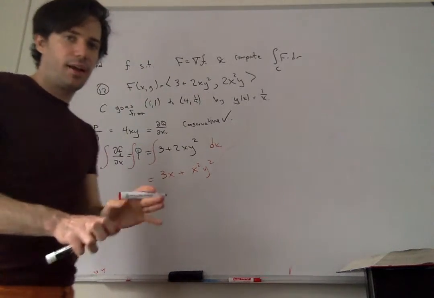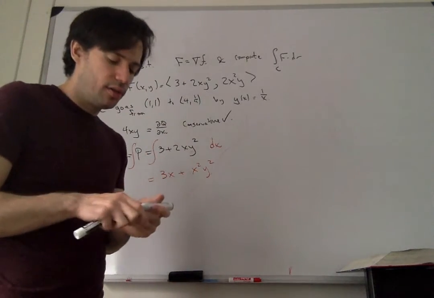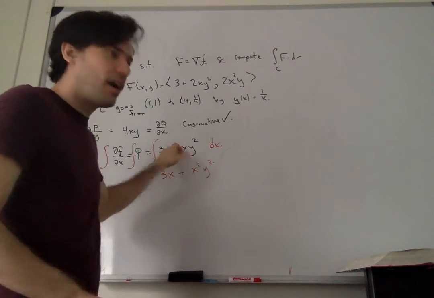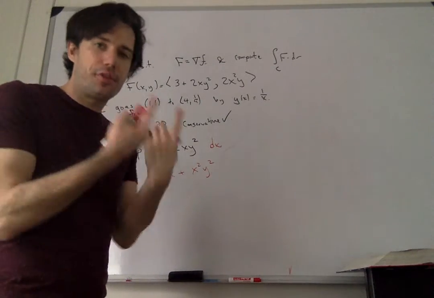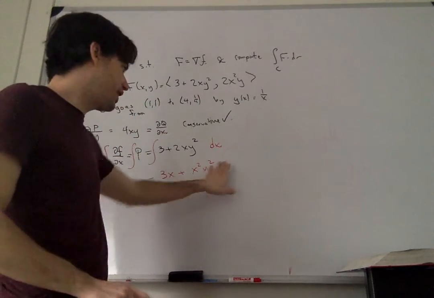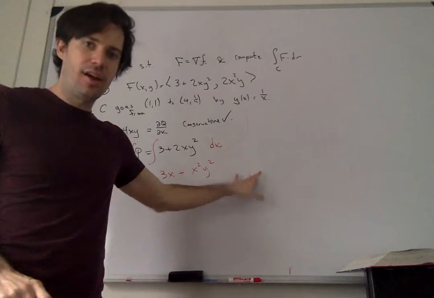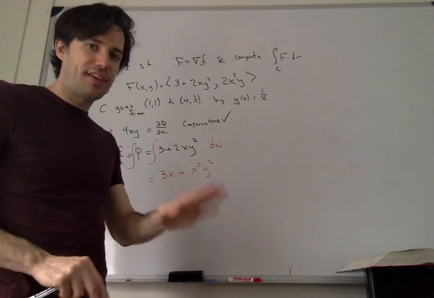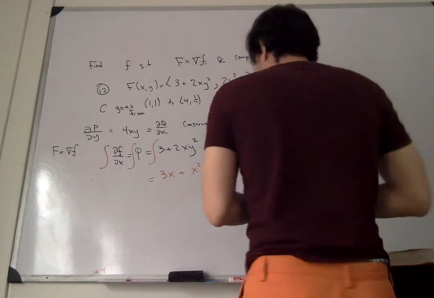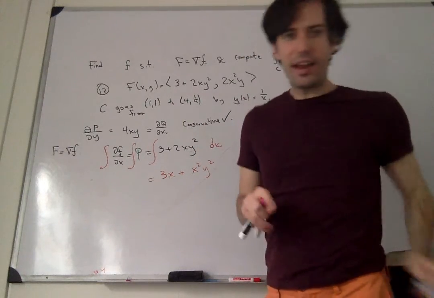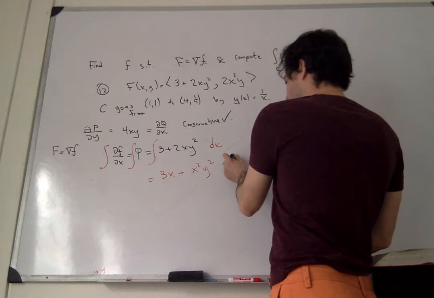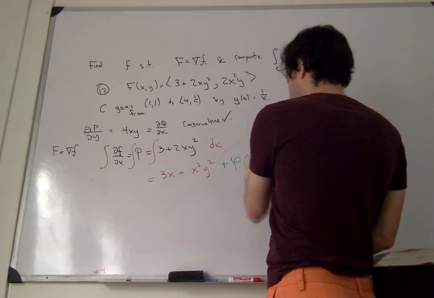Now here's the thing, I'm not quite done, right? So remember that if I take a derivative of this to go back to here, I have to take the derivative with respect to x. So if I'm taking the derivative with respect to x, then anything else over here that is containing y dies. So we might assume that in fact there is other stuff here that does consist of y stuff.